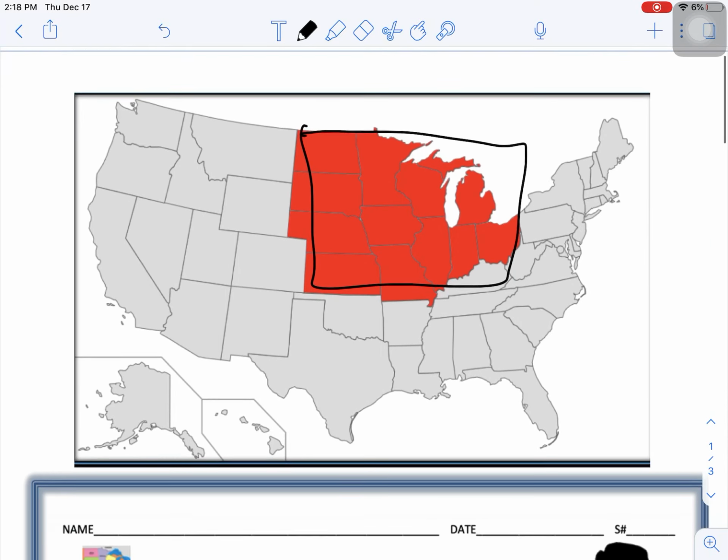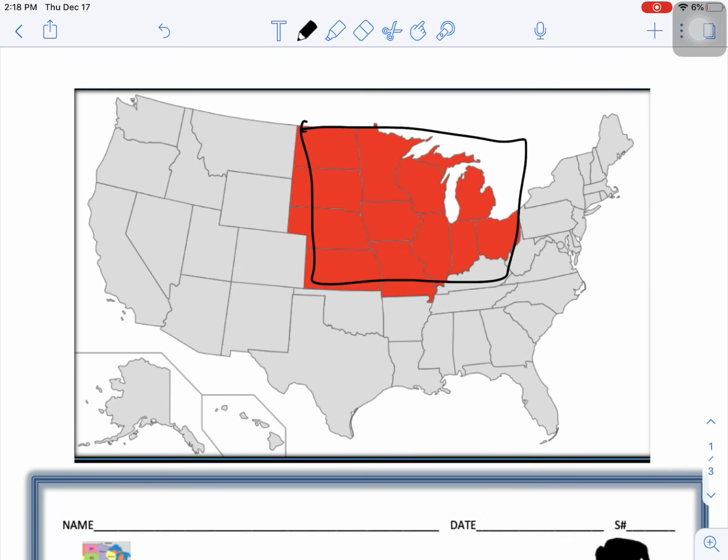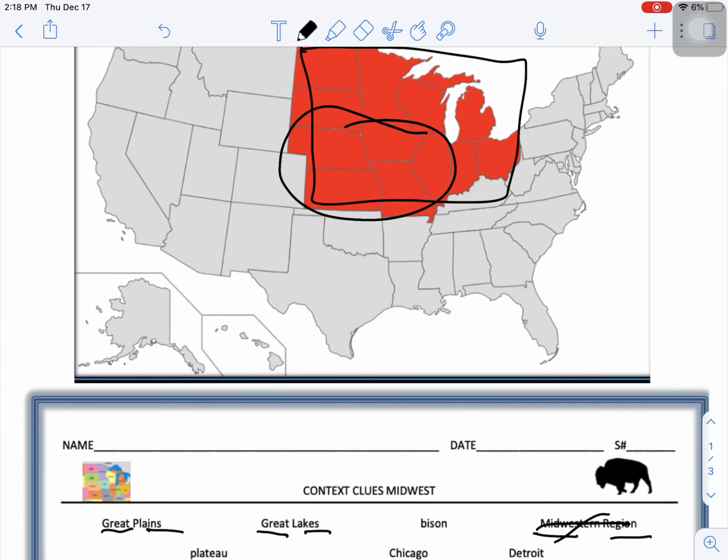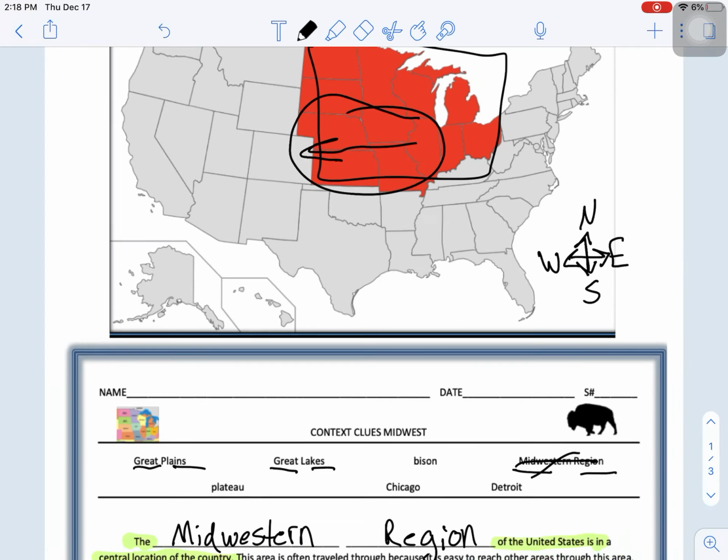So I'm looking about over here. So in this area over here, everything west. West, remember if we're looking at a map, that's my key, my compass rose we talked about. So everything west is going this way, west of Illinois.